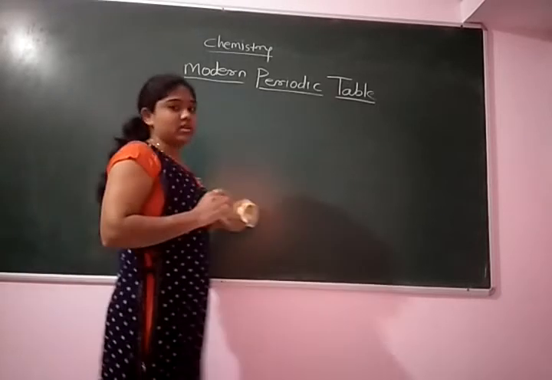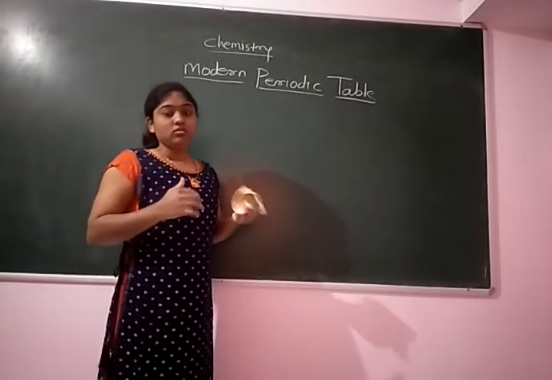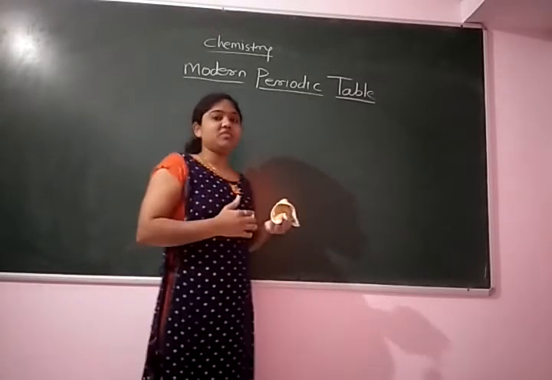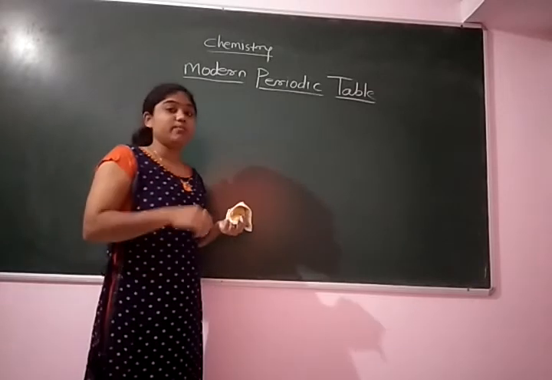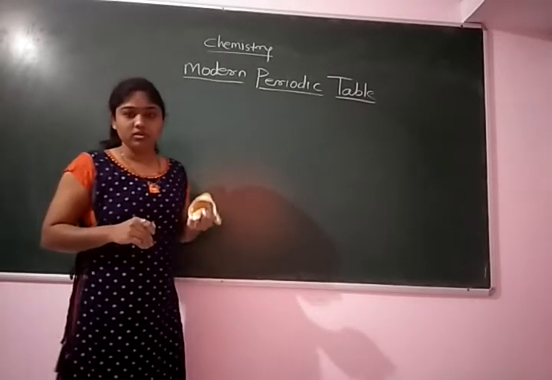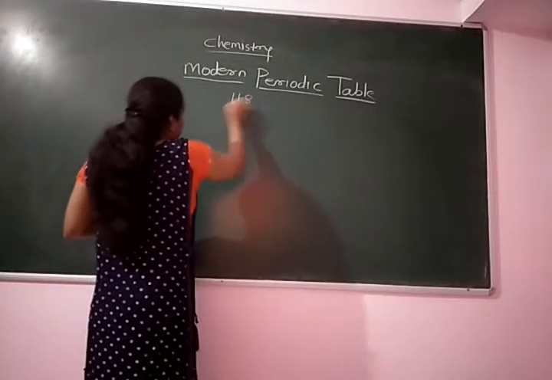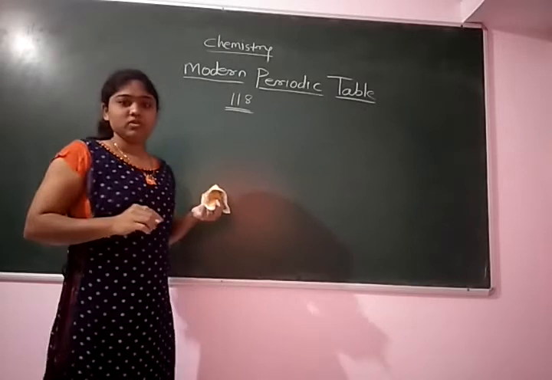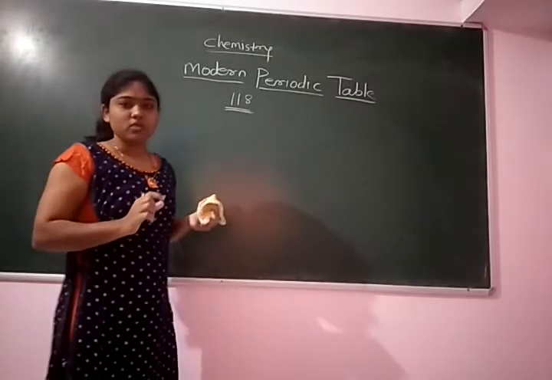In 10th standard we have learned the periodic table. What is actually the periodic table, what discoveries there are, how elements are classified, how elements are placed in the modern periodic table. You know that 118 elements are placed in the modern periodic table.